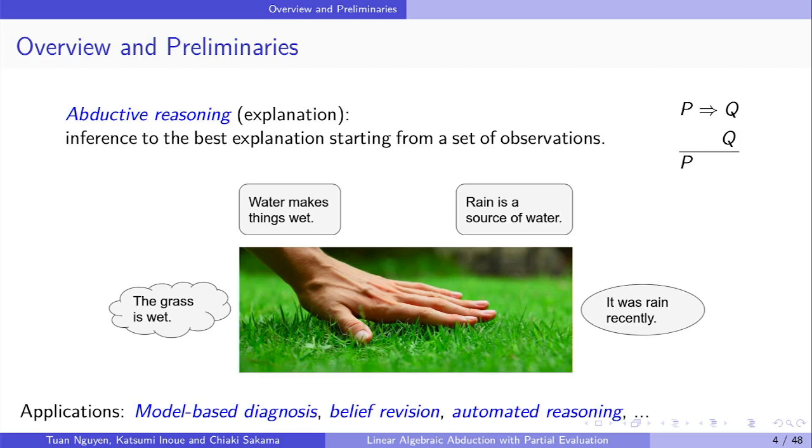Abduction has many applications in model-based diagnosis, belief revision, and automated reasoning. It is an active research area, and recently gained more attention in building explainable learning models.